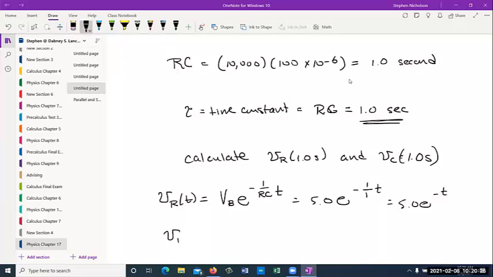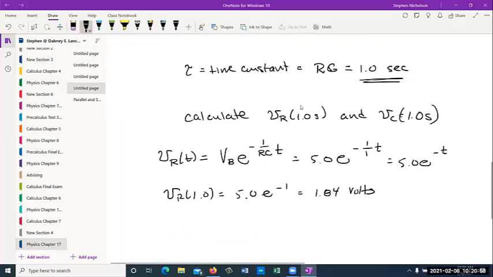So the voltage across the resistor at 1 second is 5 times e to the minus 1 power, because I plug in 1 second. So 5 times e to the minus 1 power, or 1 over e, is 1.84 volts.